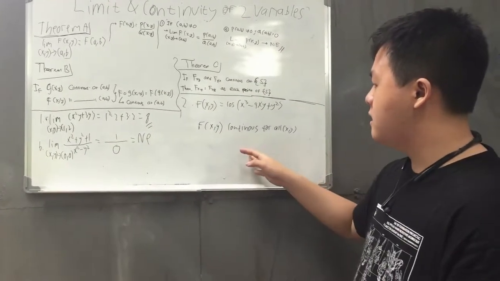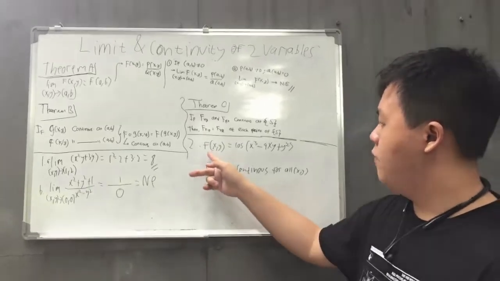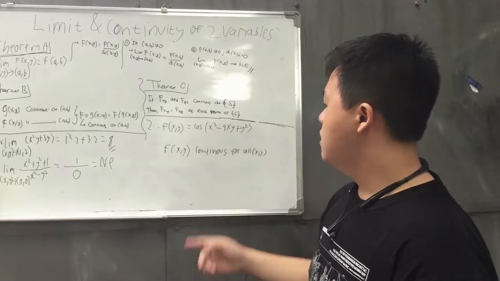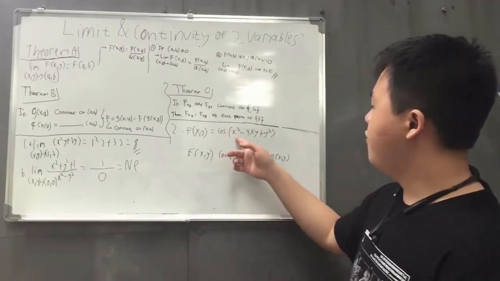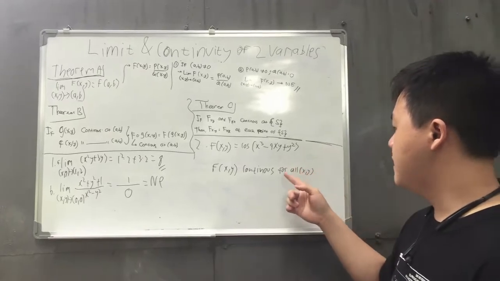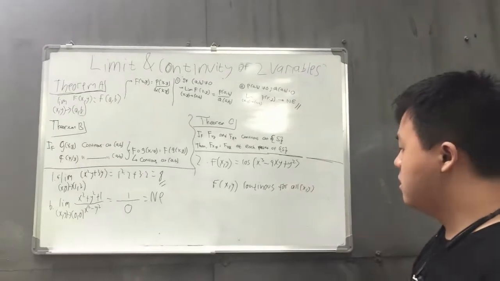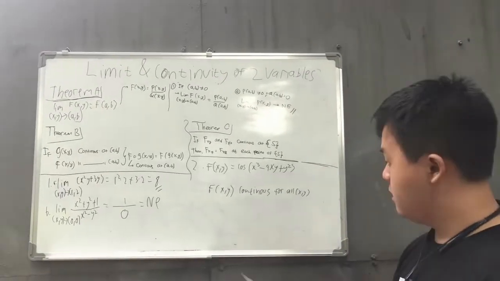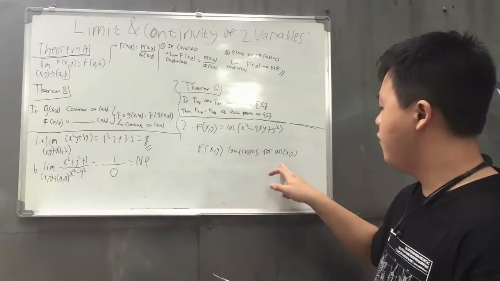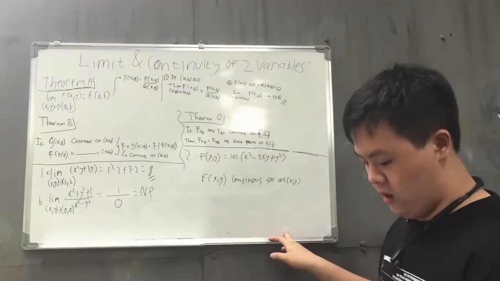And the last example is if the function f(x, y) equals cosine of (x cubed minus 4xy plus y squared), so the function will be continuous for all (x, y).